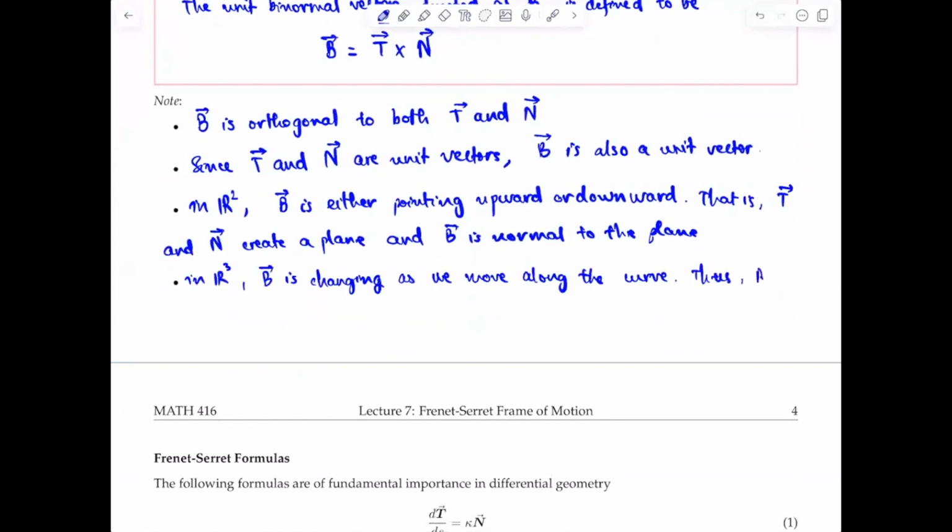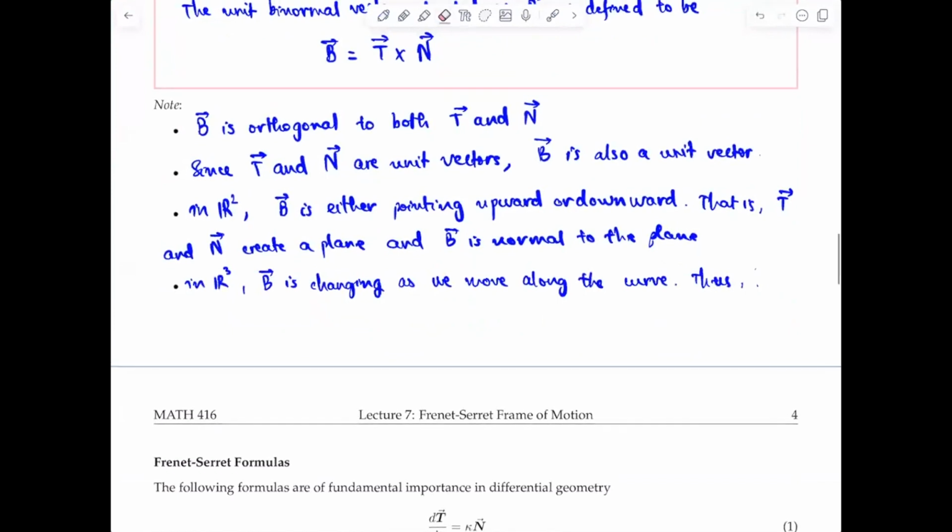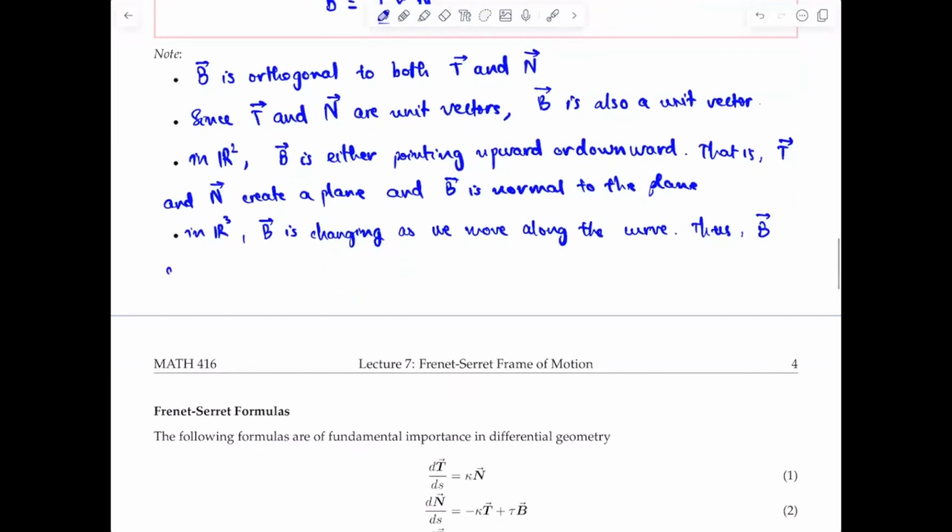Thus, B changes with respect to the arc length of the curve.